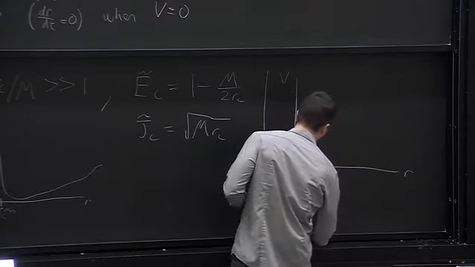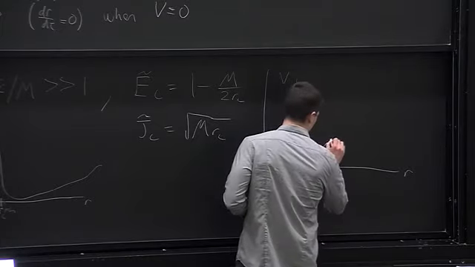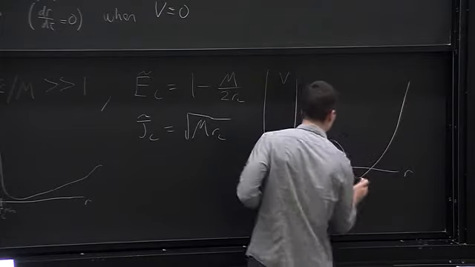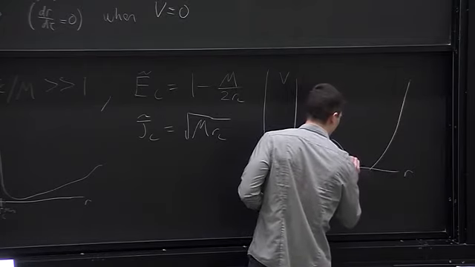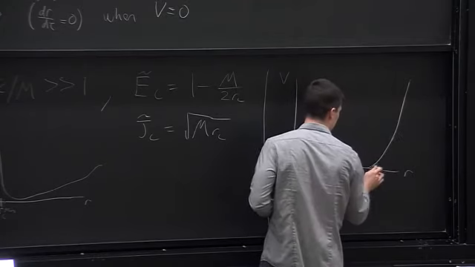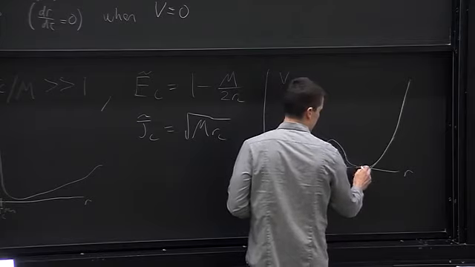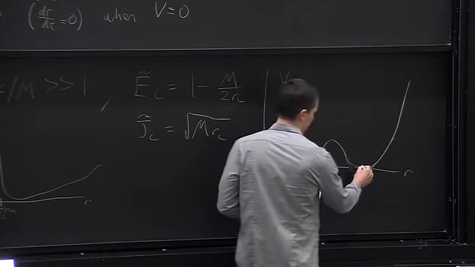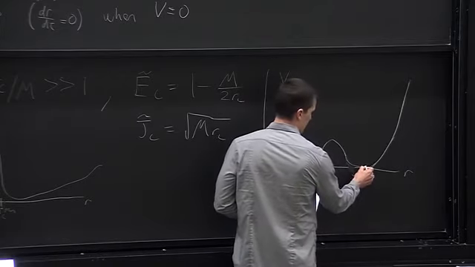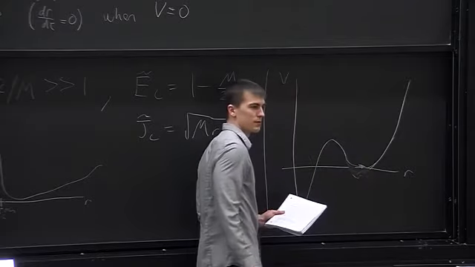That means we could either have a case like that, or a case like this. So in this case, we have a stable circular orbit right here. If we perturb it a little bit, it'll just oscillate around this minimum.